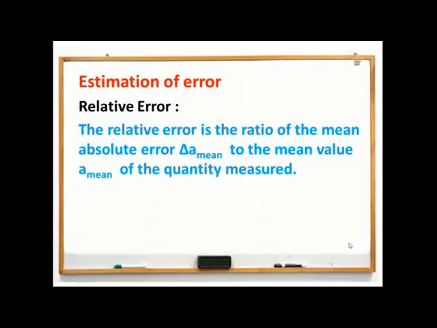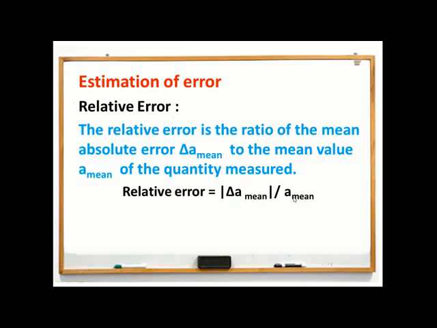Let us see how to find relative error. What is relative error and how to find it, let us see in this slide. The relative error is a ratio of the mean absolute error, that is delta a mean, to the mean value of the quantity measured, or average value of the quantity measured.